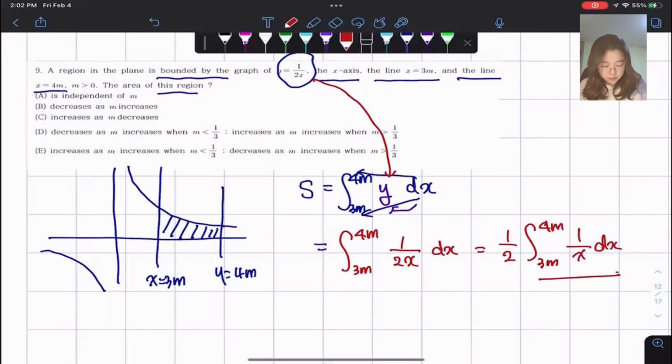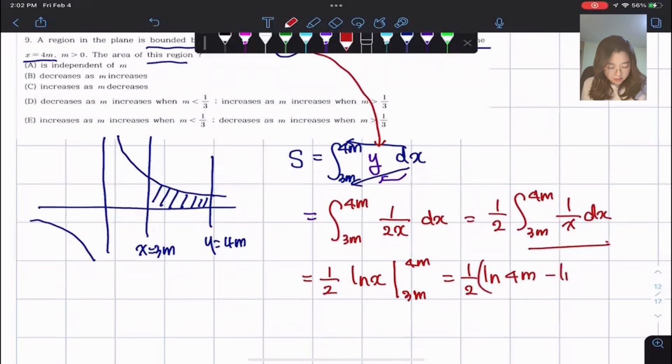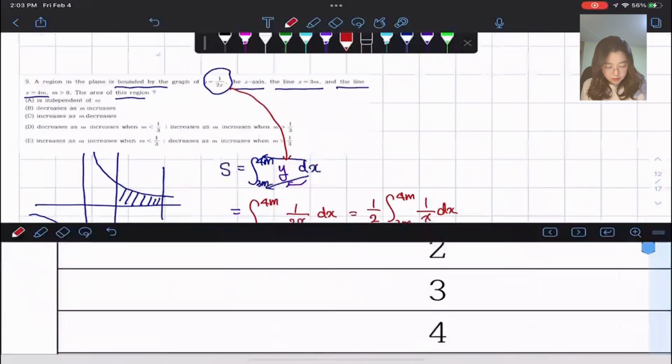This one you already know by using the integral formula. So 1 over 2, this is ln x from 3m to 4m. Plug in this value, ln 4m minus ln 3m. So 1 over 2 ln of 4m over 3m. Divide by m on both sides, 1 over 2 ln 4 over 3.